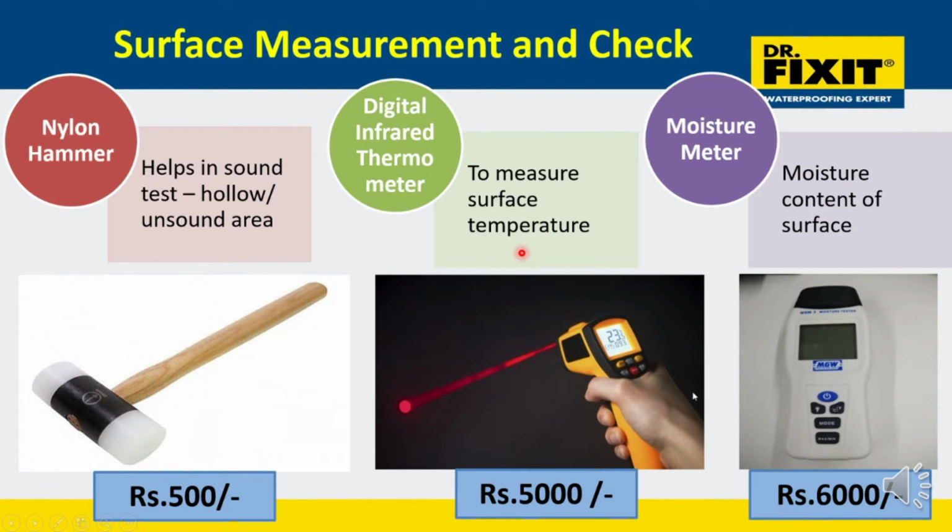This helps to have a quality coating on the surface. For example, a temperature below 10 degrees is not advisable for application of any coating due to moisture content on the surface. This is a very useful tool on the site. The approximate cost of such an infrared thermometer is around 5,000 rupees.